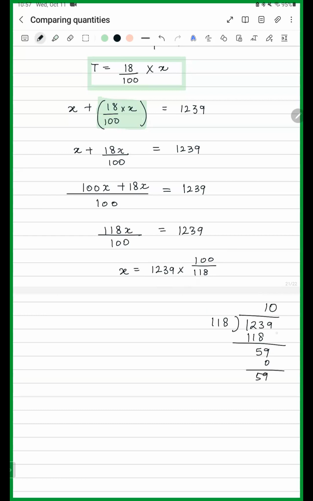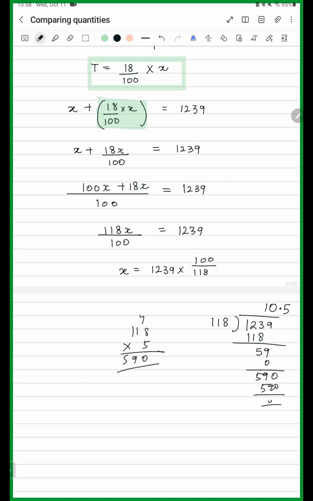Then we put a point. Okay, so 118 into 5 is 590.